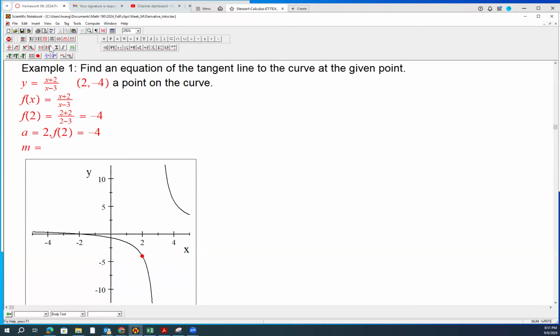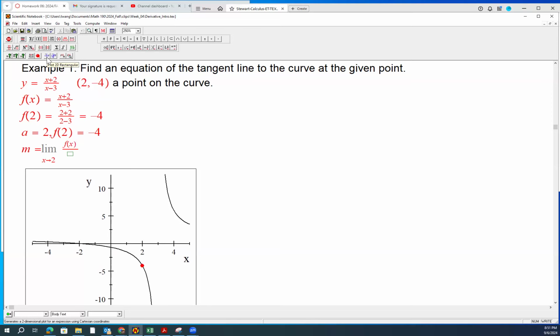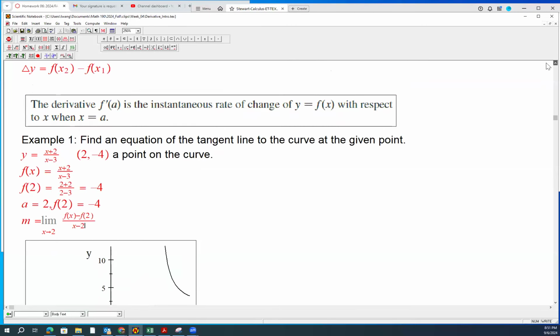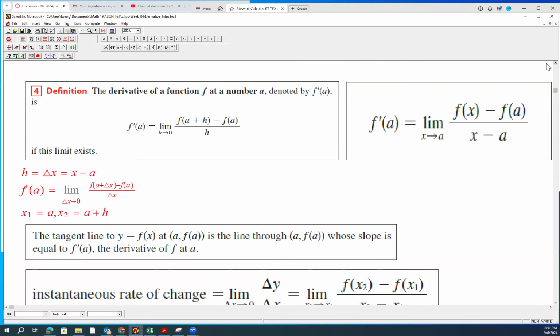The slope is, if this limit exists, the limit as x approaches 2 of f of x subtracting f of 2 over x minus 2. So we're using one of these two formulas.